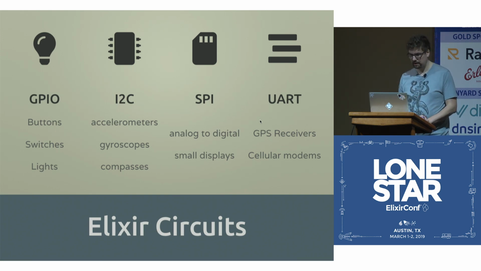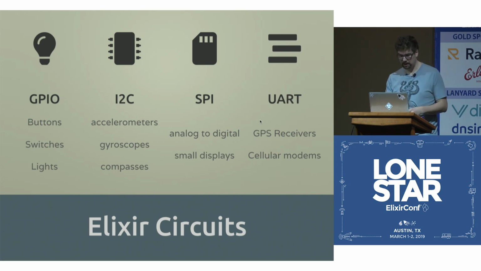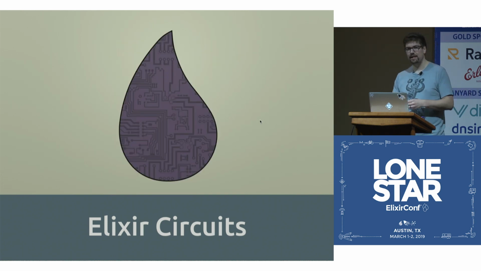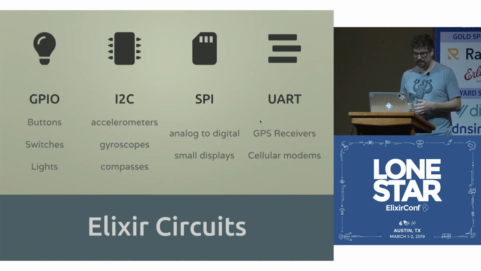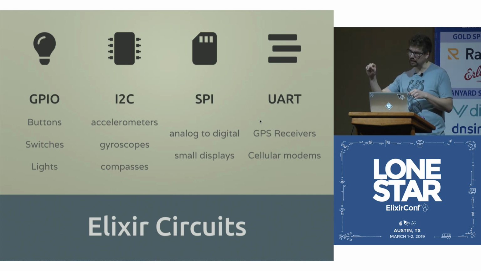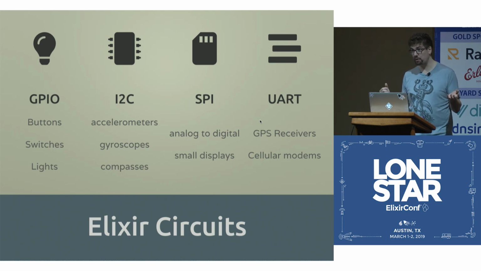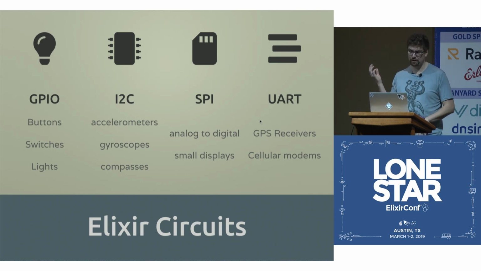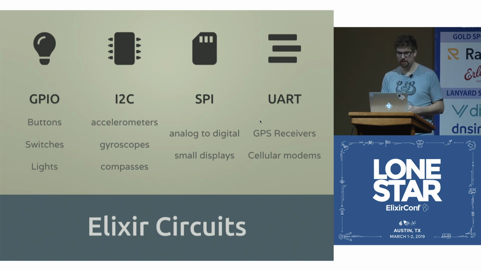Well, anyways, ElixirALE was updated to now what's called Elixir Circuits. And Elixir Circuits has all of these components broken out into individual libraries. So if you want to just work with GPIOs, like you need to play with buttons or switches or control lights, or I2C, which is common for accelerometers and gyroscopes and compasses, or SPI, which is something that oftentimes you'll find in analog to digital converter chips.